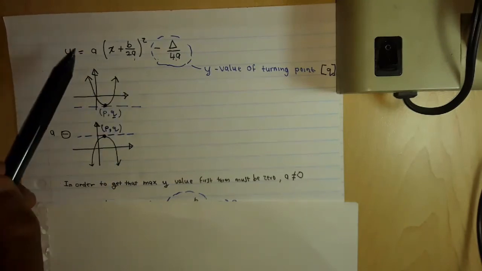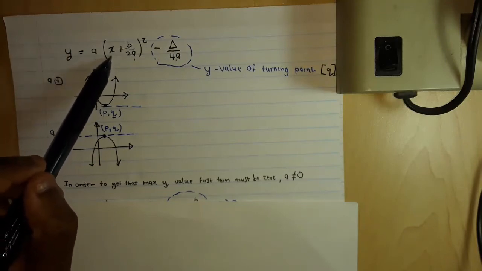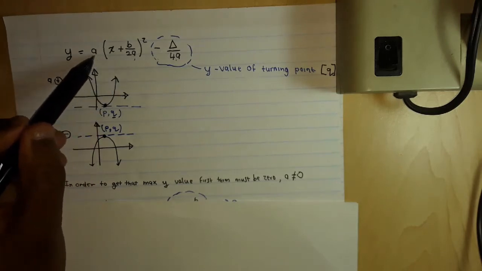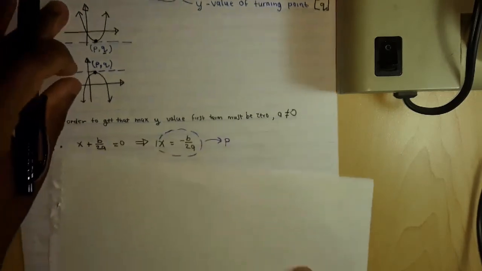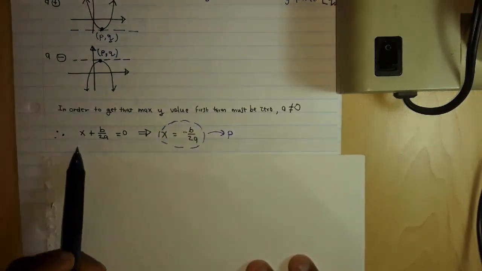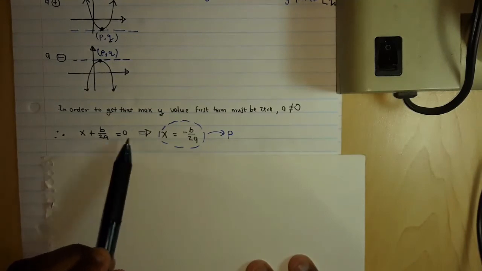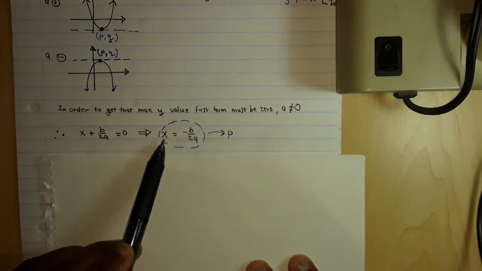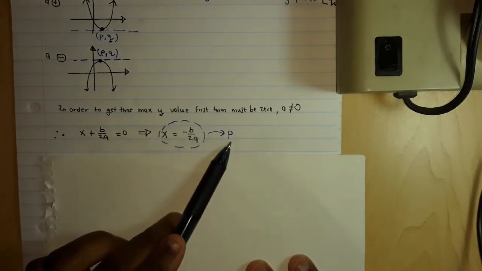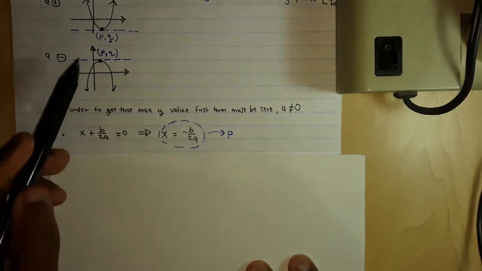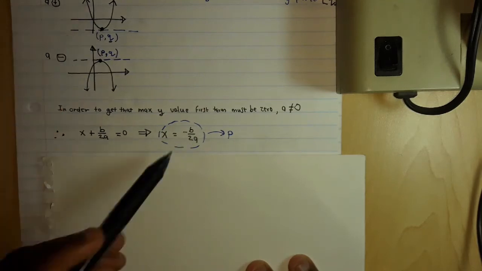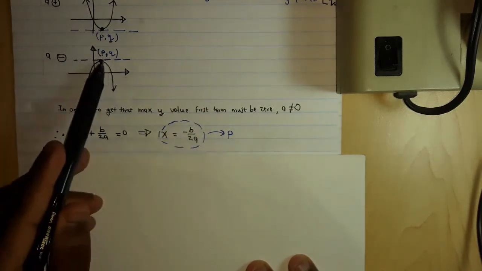So now we're left with one option: the only way to allow the first term to go to 0 without making A equal to 0 is when this term is equal to 0. So x plus b over 2a equals 0. When we solve, we get x equals minus b over 2a. So x equals minus b over 2a is representative of the x value of the turning point, which is p.